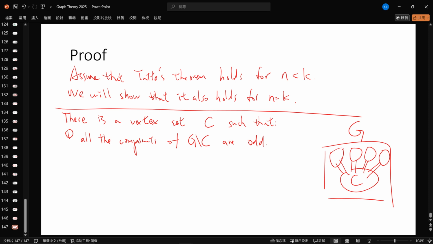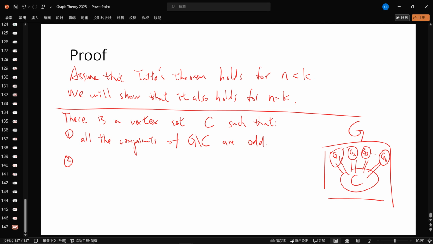Let's call these components G1, G2, G3, up to Gk. So these are the components you get after you remove this special set C. The first property says all these components are odd components.